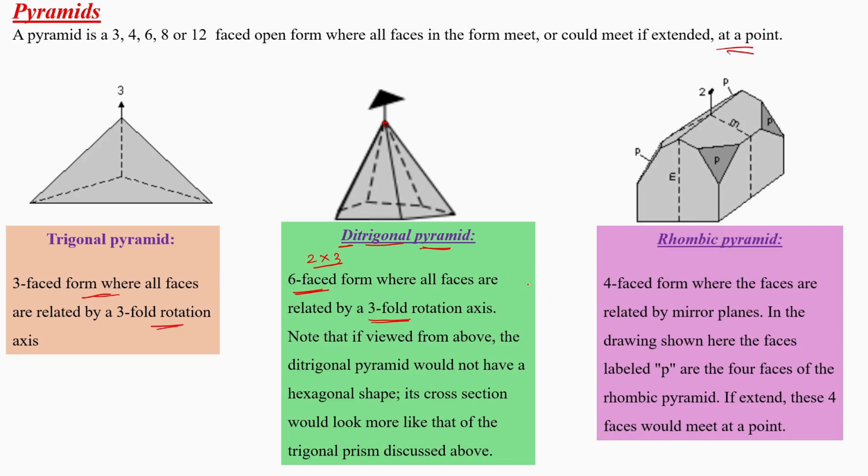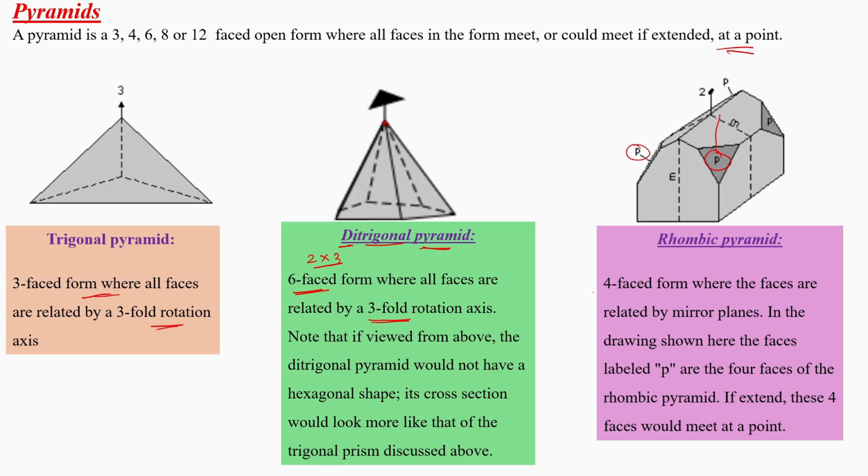And there is another form called rhombic pyramid. When we say pyramid, it should connect at one particular point. It is another four-phase form related to the mirror plane. In this diagram, where we have shown a P, these all are pyramid faces, all connected.